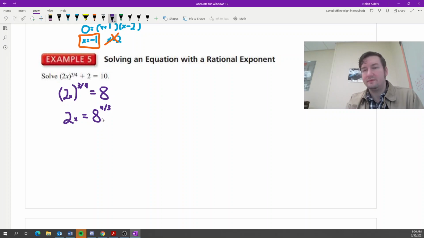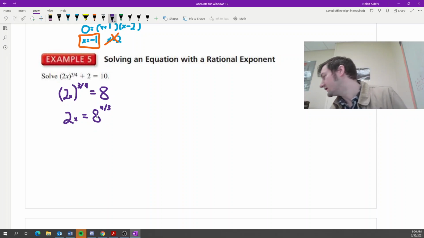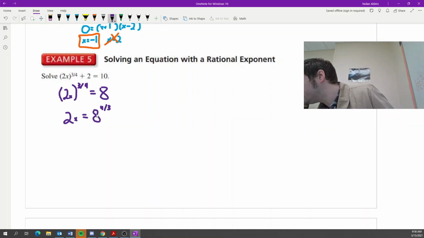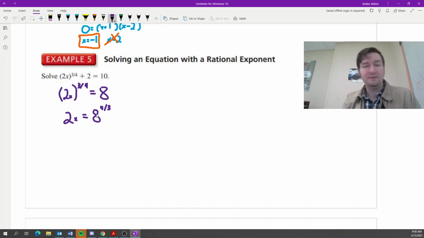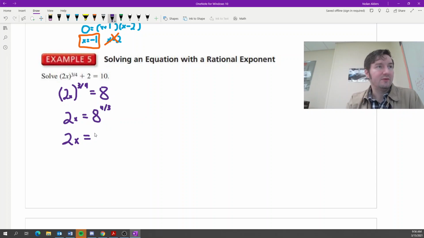So if we use the calculator, 8 to the 4/3 power is 16. So we'll have 2x equals, and actually you don't need a calculator for that. You could probably figure that out with that one. But that's 16.